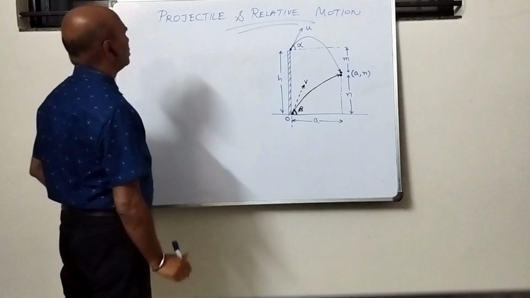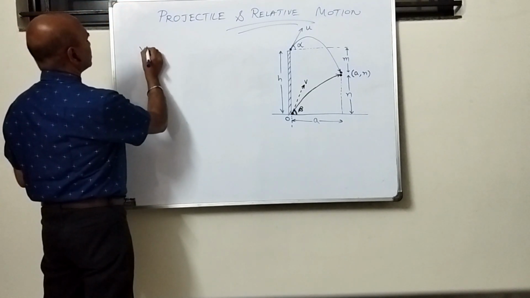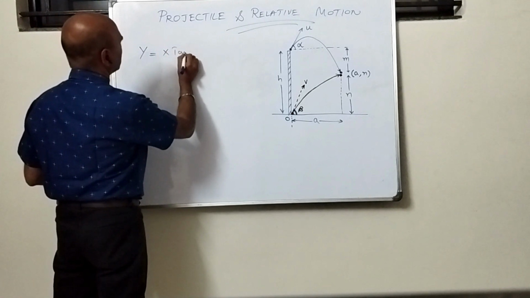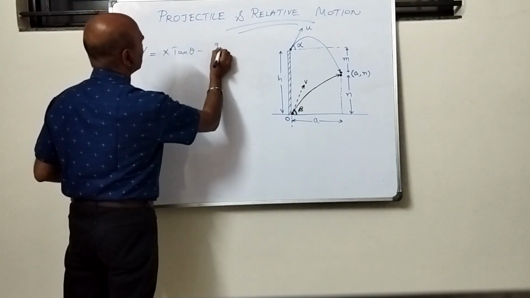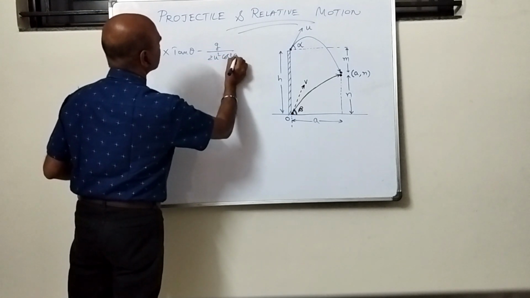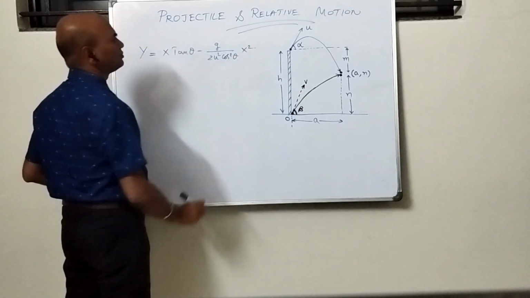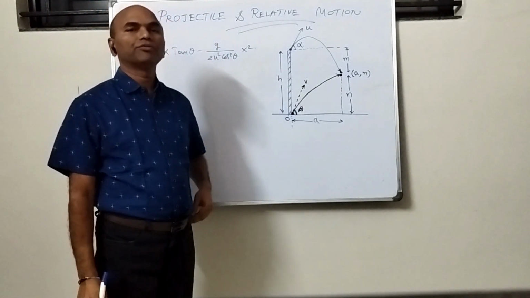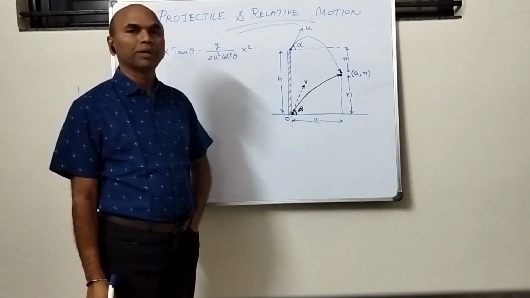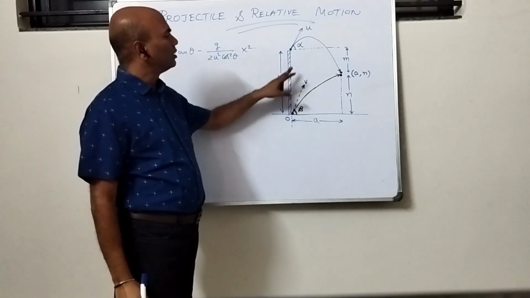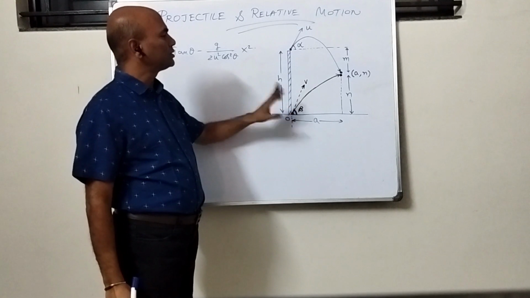So now the equation we have said for equation of trajectory is y is equal to x tan theta minus g by 2u square cos square theta x square. This is the general equation, normally what we mention for trajectory equation of path. Okay, so now let us apply it for the first one and then for the second one.